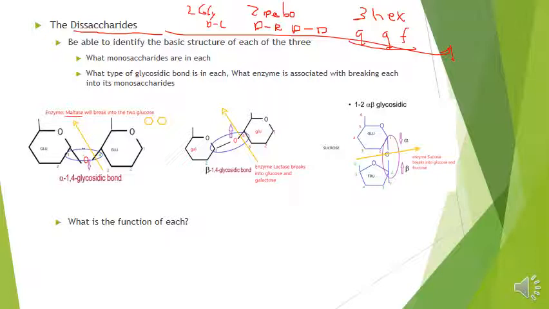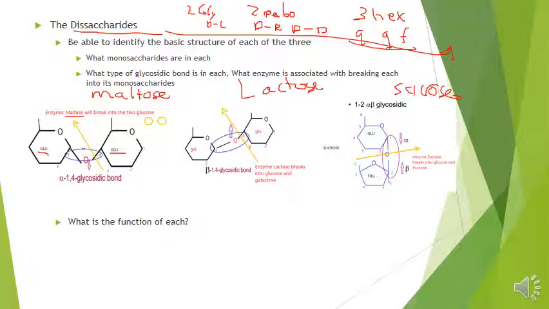There's maltose, there's lactose, and there's sucrose. Maltose is made out of 2 glucoses.